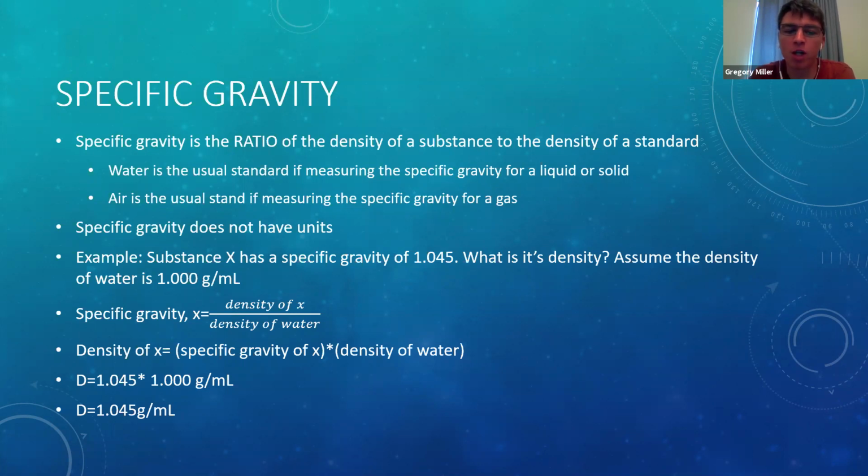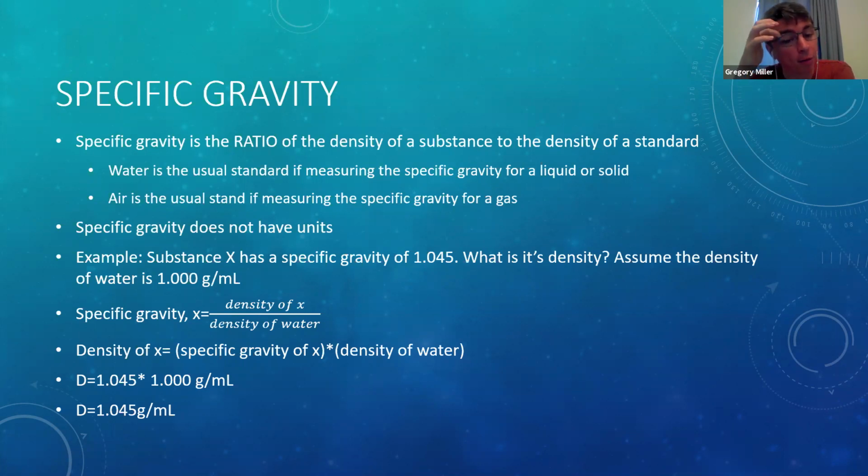So if we jump down to the equation for a minute, density of our compound would be in grams per milliliter. Density of water is in grams per milliliter. So those units cancel out. So our specific gravity has no units. This is one of the few times that you'll have a number without a unit, but it is one of the specific times that that is intended. So specific gravity won't have any units.